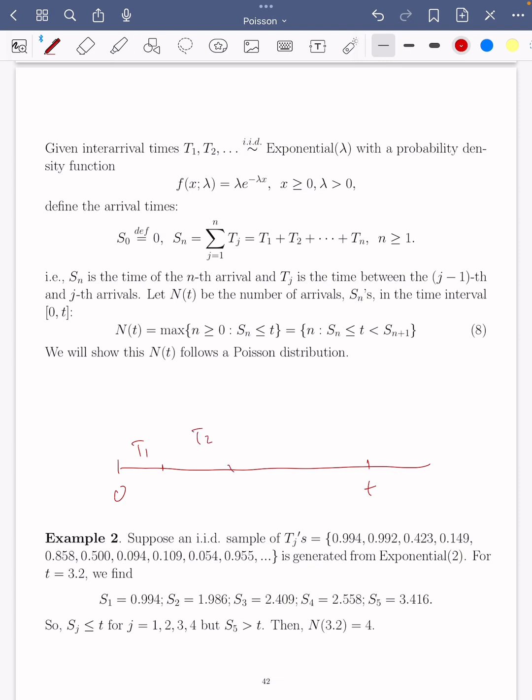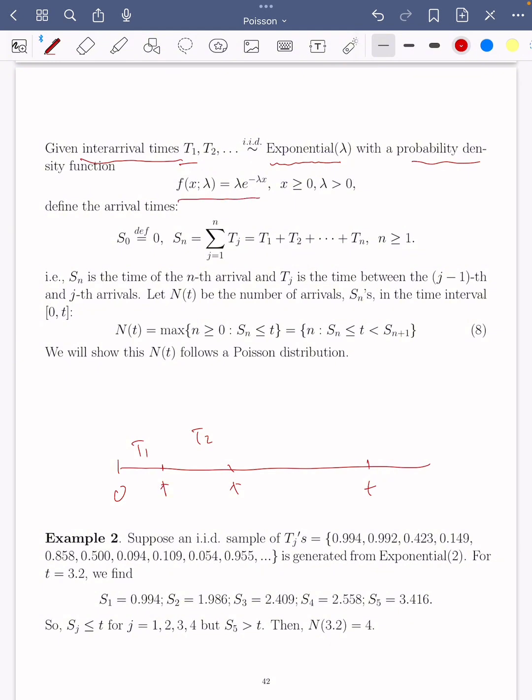So T2 is the time between the first arrival and the second arrival, and so on. We call these the inter-arrival times, T1, T2, and so on. And we are assuming that these Ti's are IID and follow the exponential distribution with the probability density function, which is given here.